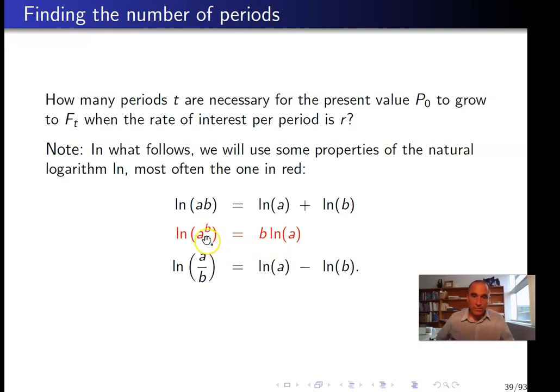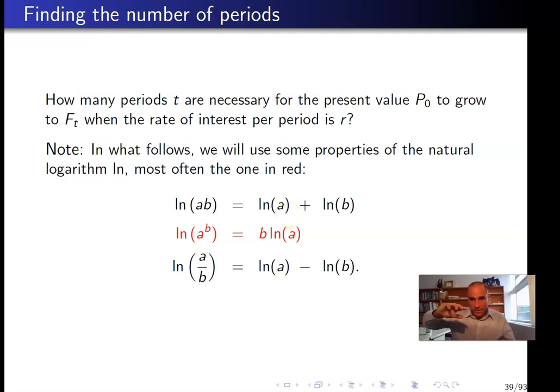So the log of something to the power b is equal to b times the log of that something, because log is a function that deals with exponents. This is why the log of two terms that are multiplied together is equal to the sum of the logs of the two terms.